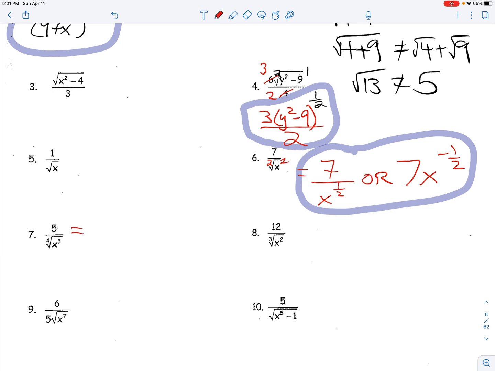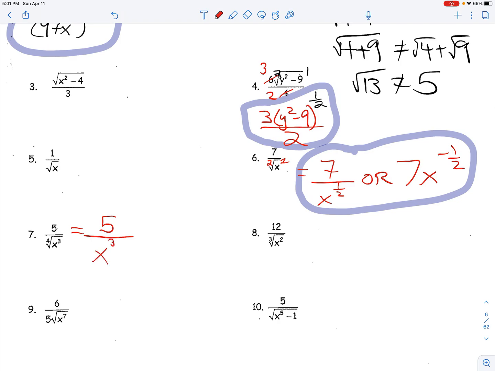All right. Let's see. I think I'll do one more. Number 7. It's 5 over the 4th root now of x cubed. 4 is now the root. 3 is the power.